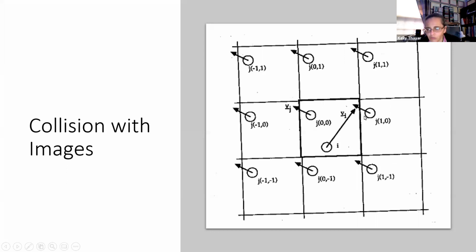The next collision will be with a particle in the neighboring box, the image. So we need to make sure that we are searching not only for collisions within the unit cell, but also for collisions with a neighboring unit, so that we can use that information to correctly update our tables.